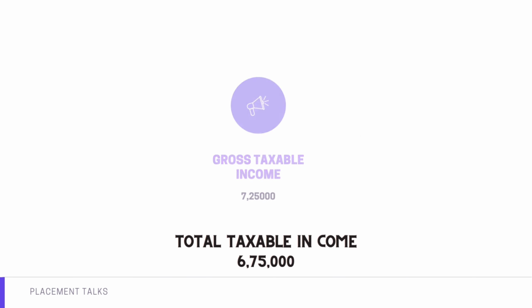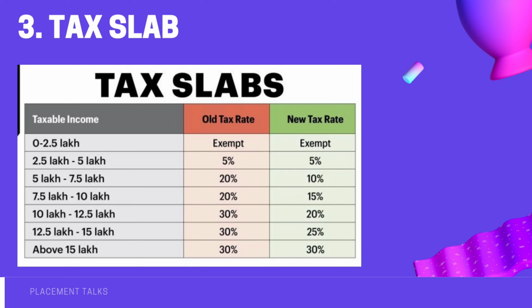Once we have the total taxable income, we need to check the tax slabs, and depending on our total taxable income, we need to check under which tax slab we will be coming. So here are the tax slabs. For the starting 0 to 2.5 lakh we don't have any taxes. Then from 2.5 to 5 lakh rupees we will be having 5%, and from 5 to 7.5 lakh rupees we will be having 10% in the new tax rates and 20% in the old tax rates.